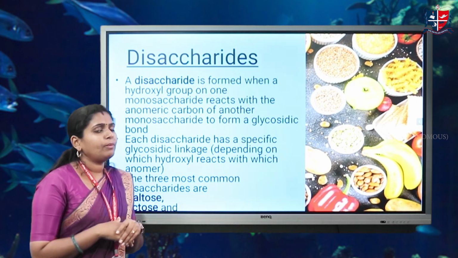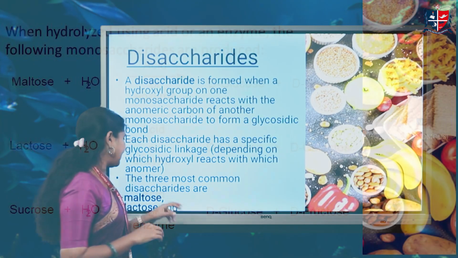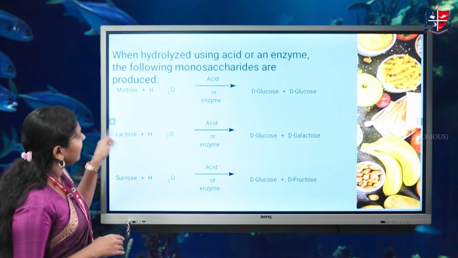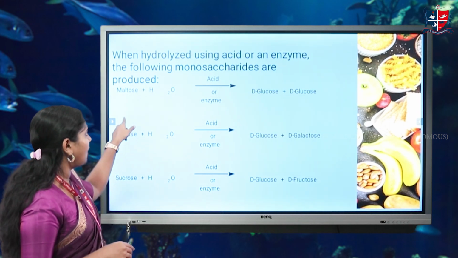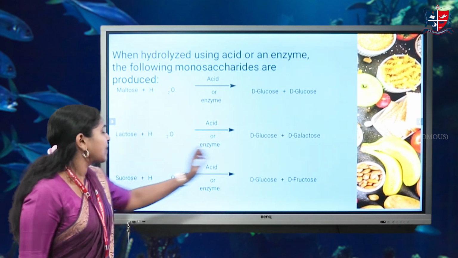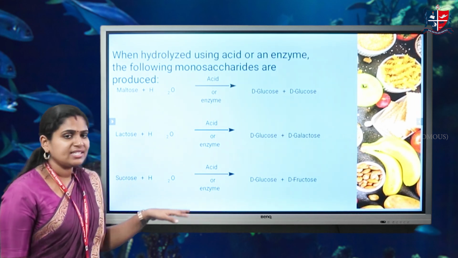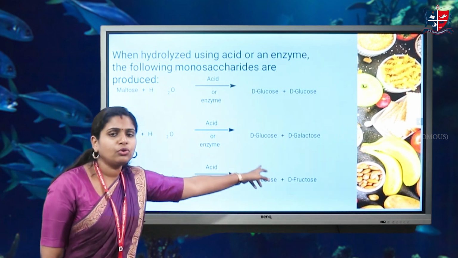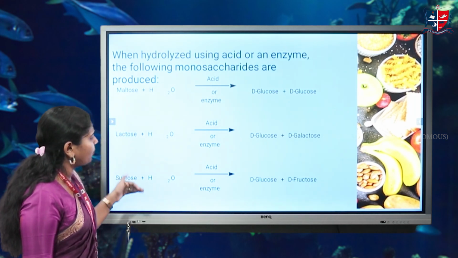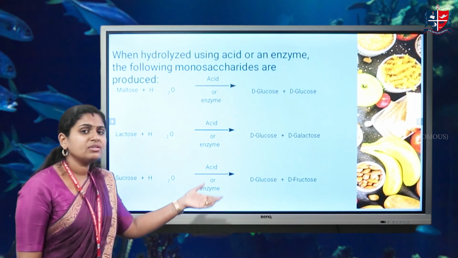The 3 most common sugars found in the oligosaccharides are sucrose, maltose and lactose. Here, coming to their structure, we can see that maltose upon hydrolysis yields 2 molecules of glucose, and lactose upon hydrolysis yields 1 molecule of glucose and 1 molecule of galactose, and lastly sucrose upon hydrolysis yields glucose and fructose.